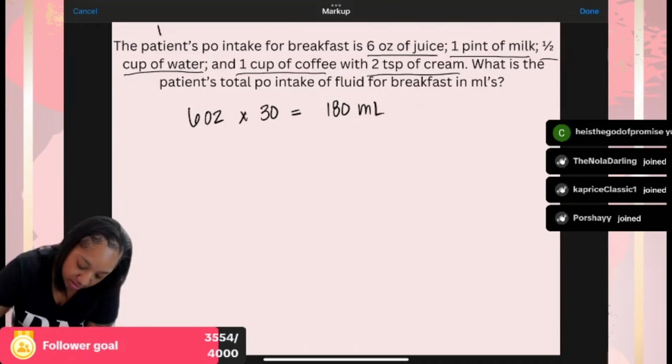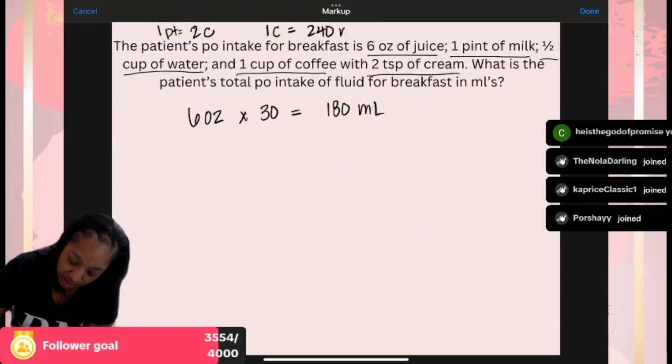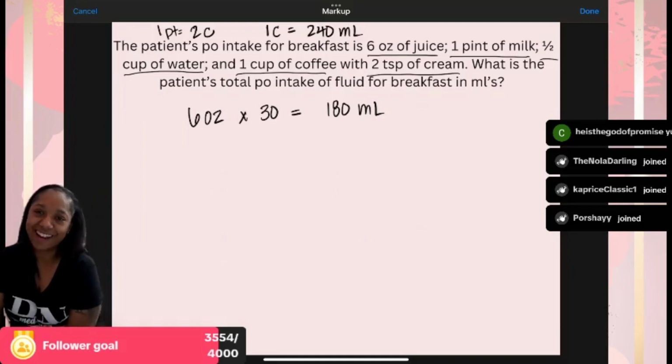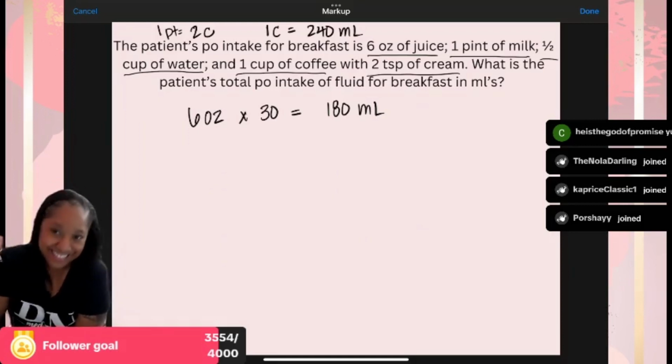Then a pint. 1 pint equals 2 cups. A cup equals 240 mLs. All this stuff you're going to need to know by heart.